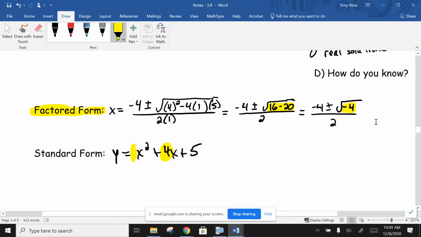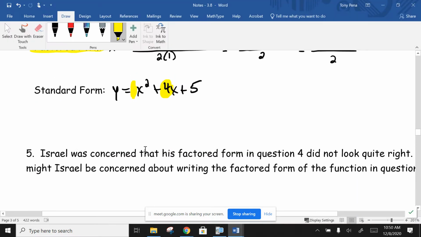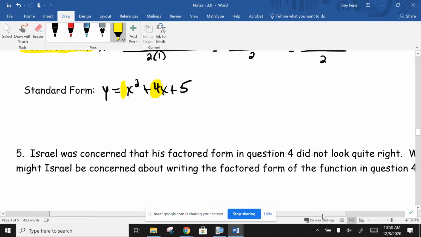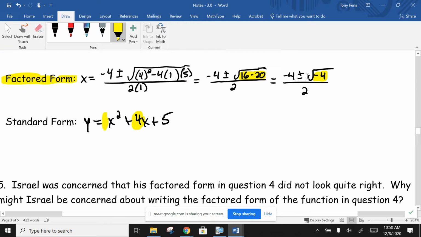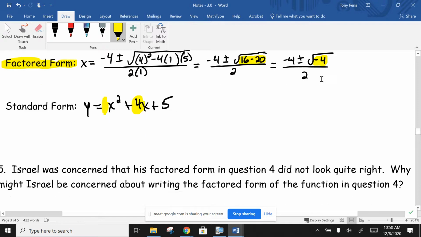All right. So what we're going to do, come down here, and this is now number 5. Number 5 is asking, Israel was concerned about his factored form in question number 4 because it did not look right. So that's alluding to the fact that it has a negative number underneath the radical. So why might Israel be concerned about writing a factored form in number 4? It's because of this.